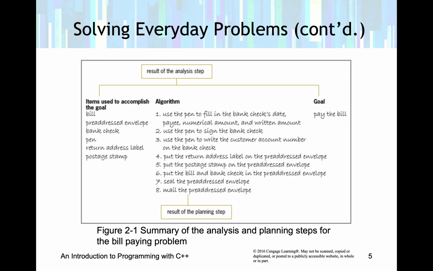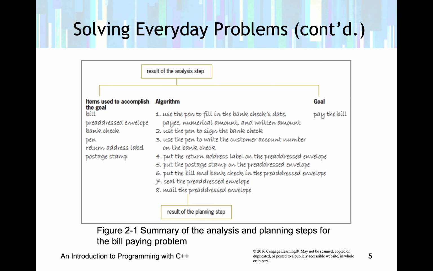So, here's an everyday problem. It says, summary of the analysis and planning steps for the bill paying problem. So we've got to pay a bill. How do we analyze this and come up with a solution?